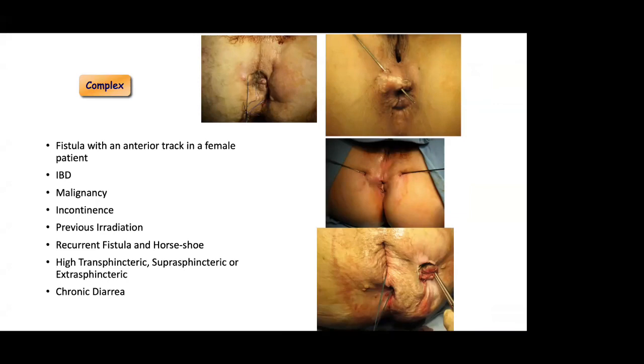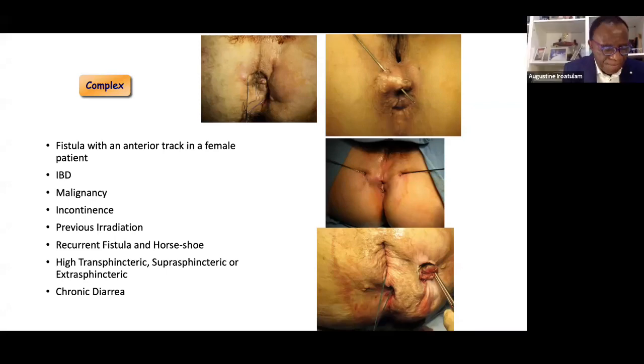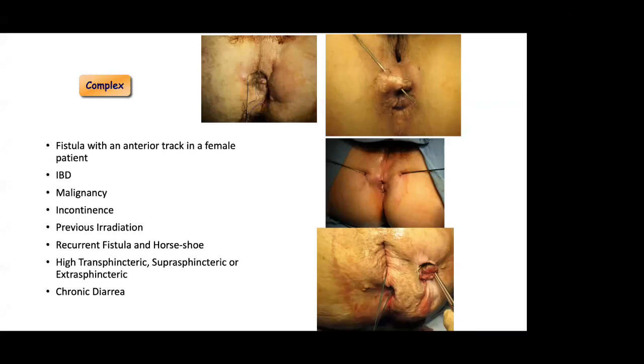And so complex fistulas are, by definition, fistulas in patients with IBD. Women with fistula, especially with an anterior fistula tract, have a complex fistula, as do patients with malignancy, patients with incontinence, or previous treatment in which continence is a little bit damaged.